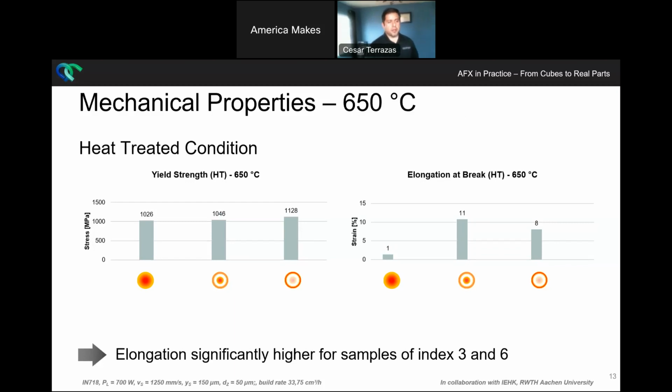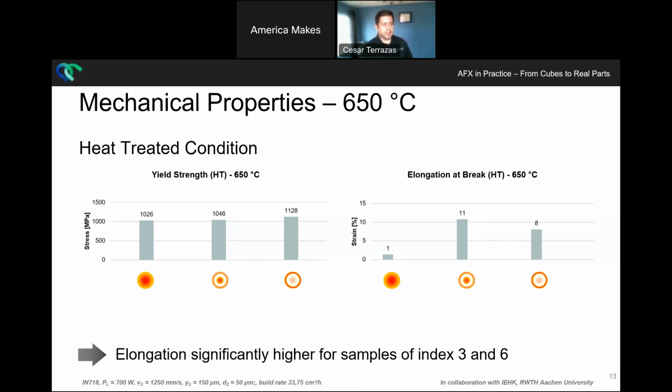Now, it's important to also do the characterization of the mechanical properties at elevated temperatures, given that Inconel 718 is to be subjected to these operating conditions. So this particular temperature, 650, is of importance for understanding the creep properties and just really the operability of the alloy at these high temperatures.